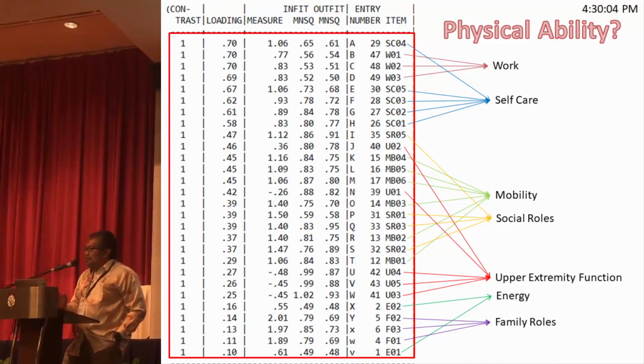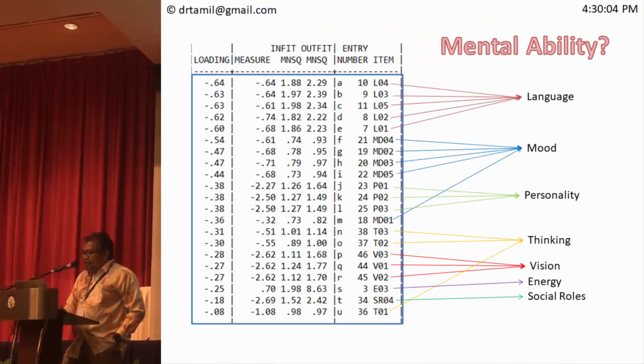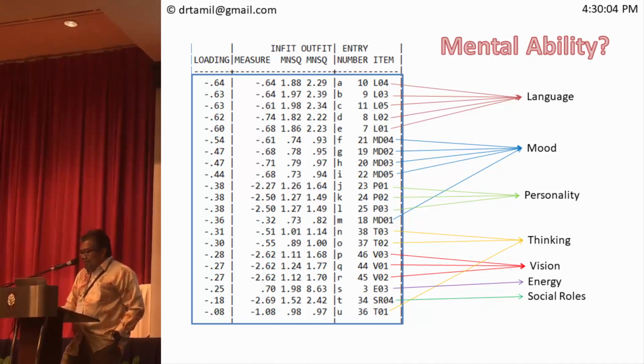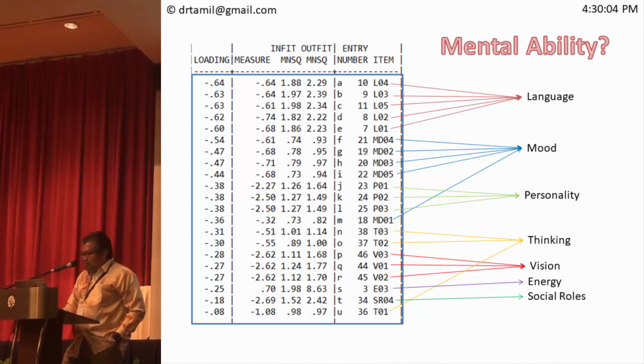Beautiful. So suddenly you realize that your quality of life measure is not one single measure. It is really 2 separate measures, and one is physical ability, and the other one is really mental ability. The mental ability is measuring language, mood, personality, thinking, vision, energy, and social. Sorry, these last 2 are what we call the 2 items that got lost. So the mental ability is the language, mood, personality, thinking and vision.